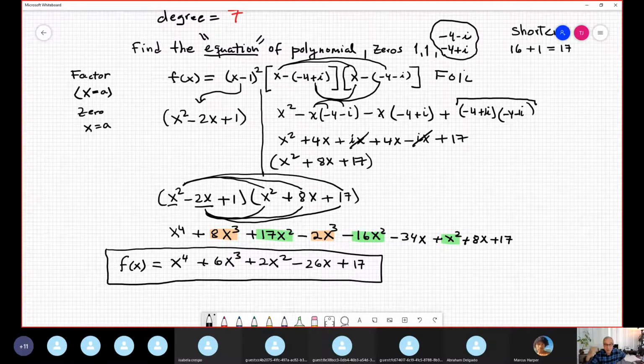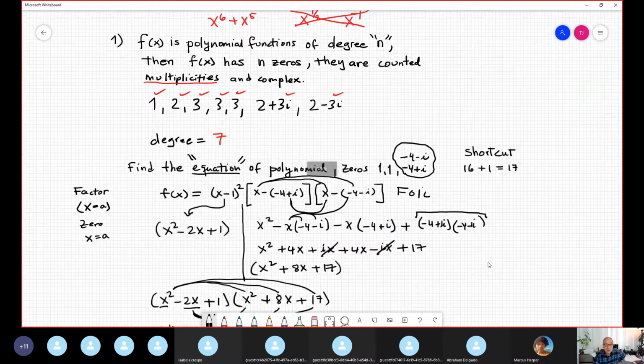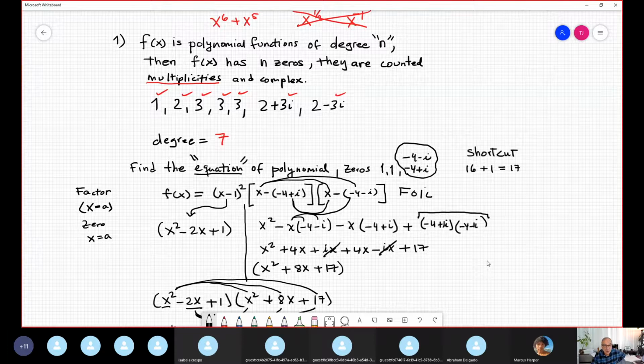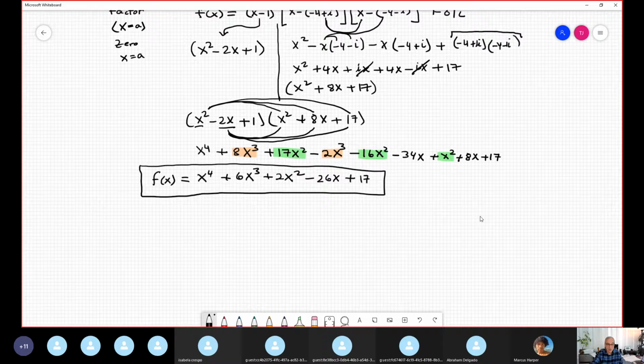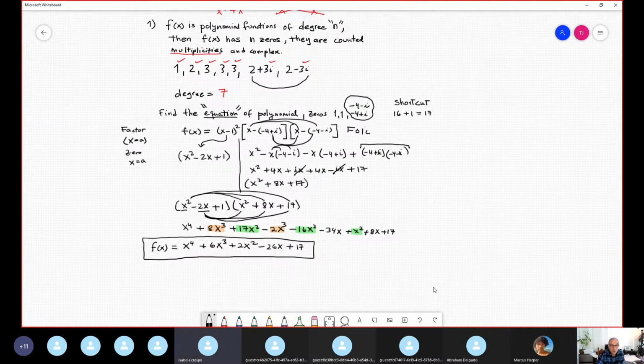Another complex I infer by the property that says the zeros of the polynomial come in pairs of conjugates. Always, when the coefficients are real. It's obvious that normally, well, 99% of the scenarios, the coefficients are real numbers: 1, 6, 2, negative 26, 17. So it's obvious that the complex zeros come in pairs of conjugates. Do you understand very well? Yes or no? Yes, I understand. Super.